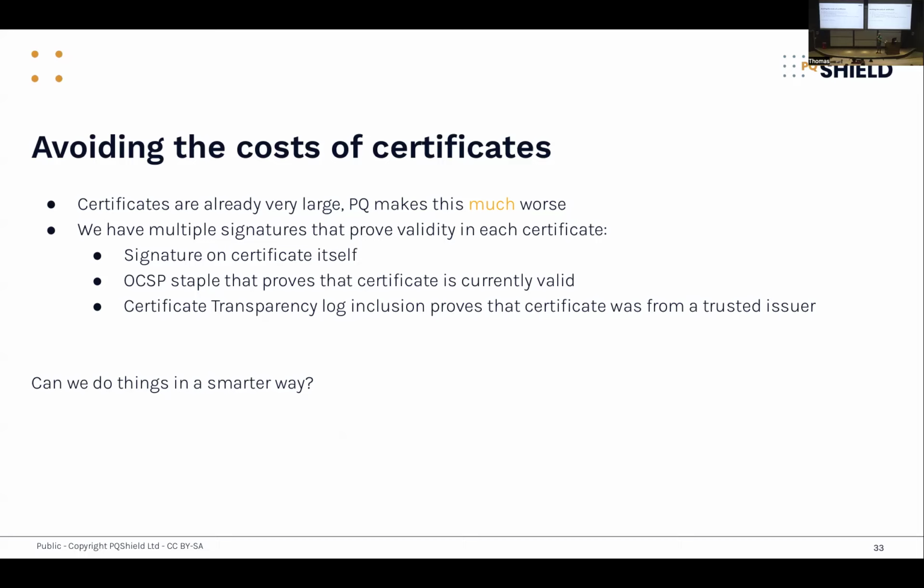So the inclusion proofs by themselves also prove that this key that belongs to example.com was trusted by a CA and included in the certificate. So we have a bunch of signatures that are doing the same thing. So the question becomes, can we do something smarter? Do we need to redesign the web PKI to make post-quantum work? And it turns out that we're going to have some space for design.